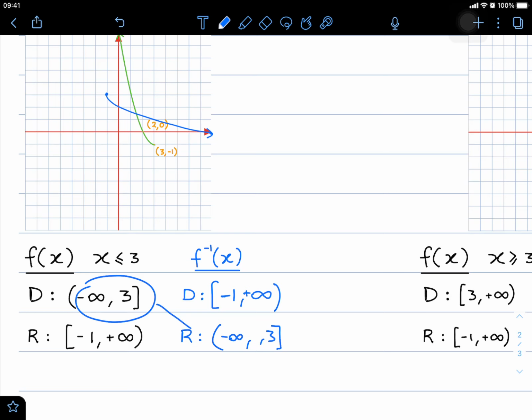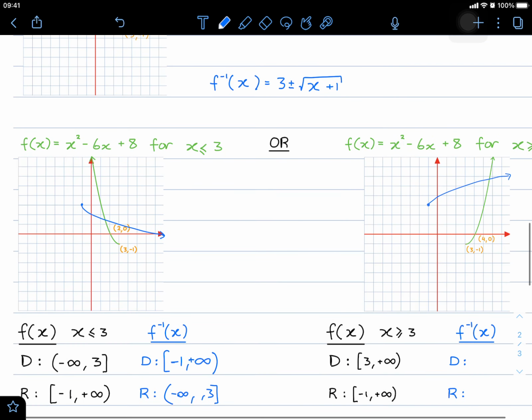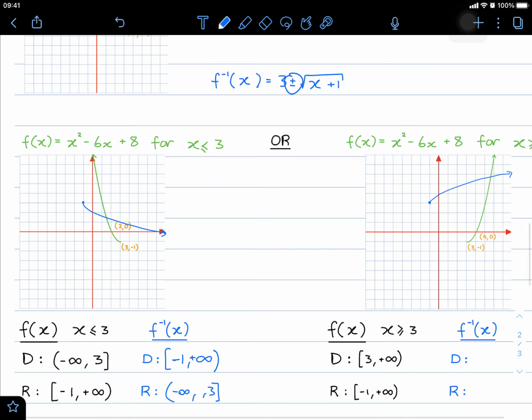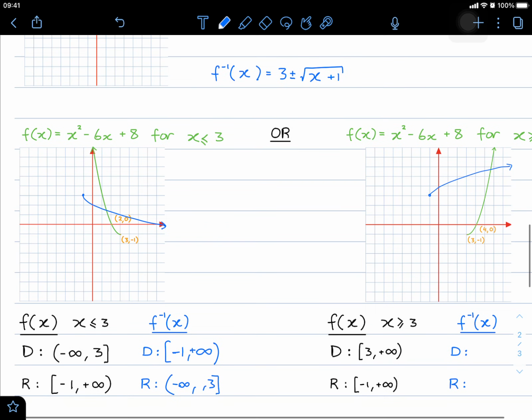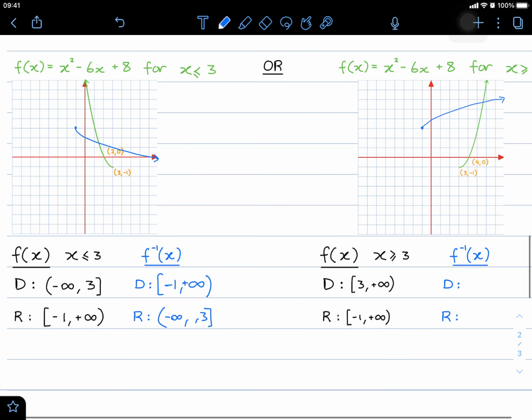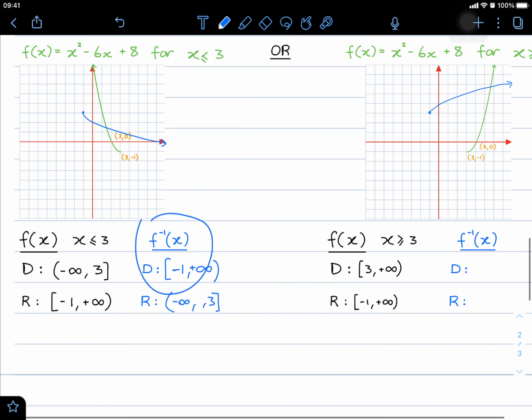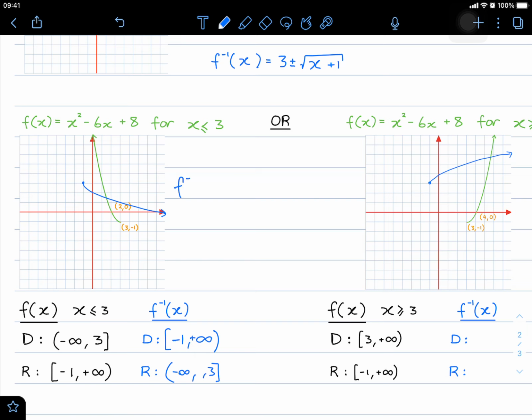Notice how it's just the switch of the domain and range of the original function. And then from this, rather than plus or minus square root of x plus 1, this function now is only f inverse of x is equal to 3 minus square root x plus 1.